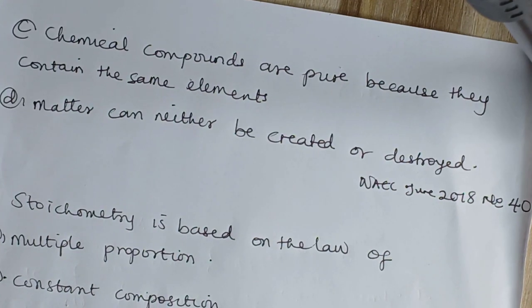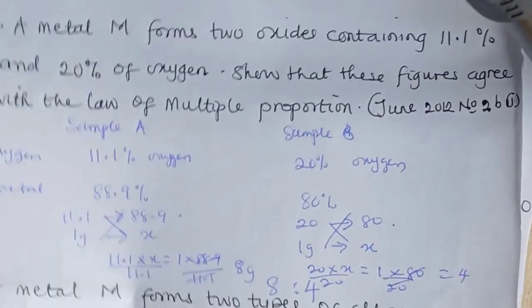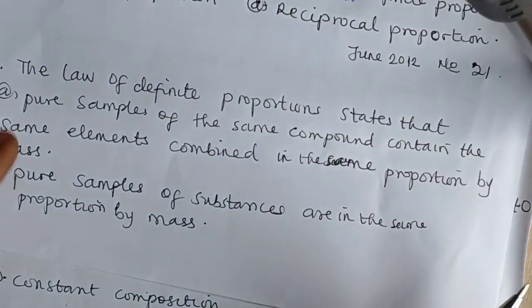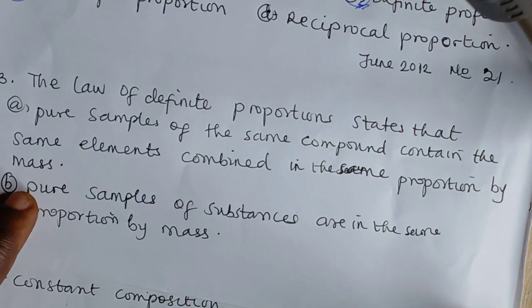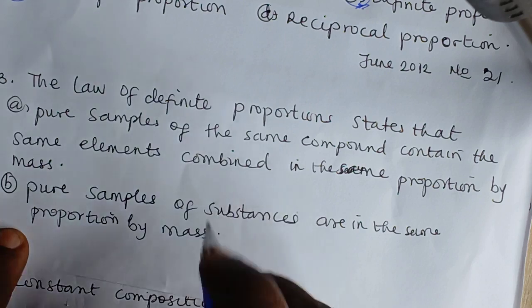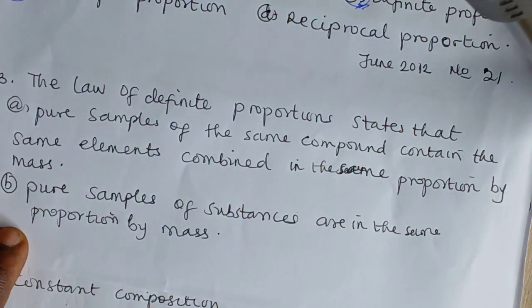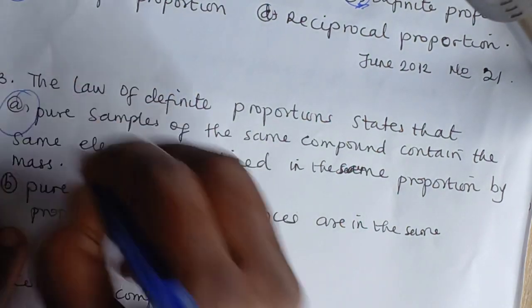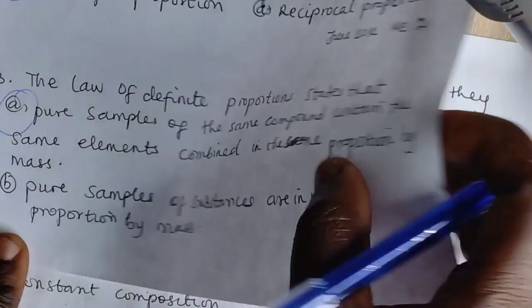Then D, matter can neither be created nor destroyed. That is June 2018, number 40. The best answer here is option A, which states that pure samples of the same compound contain the same elements combined in the same proportion by mass. This is the law of definite proportion. I want you to take time to also learn this.